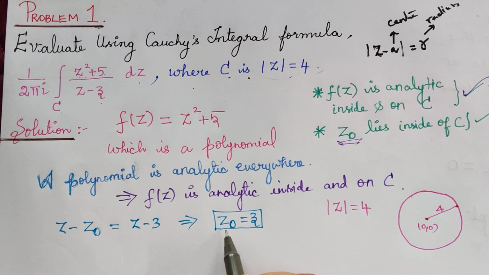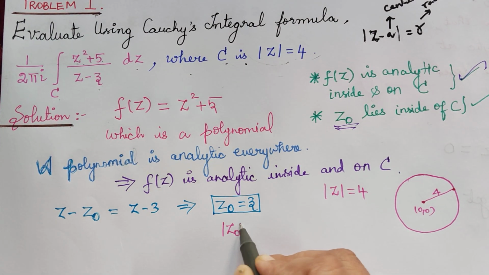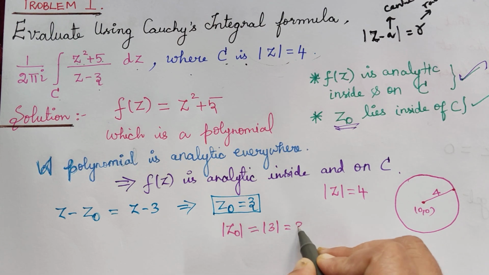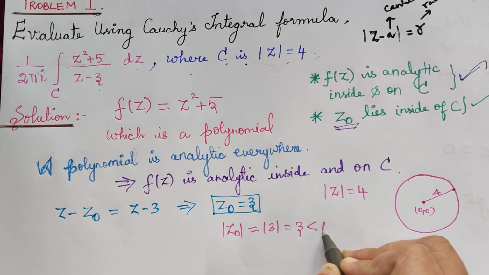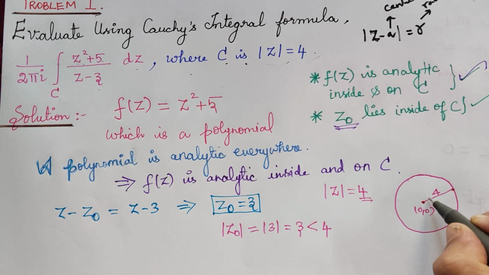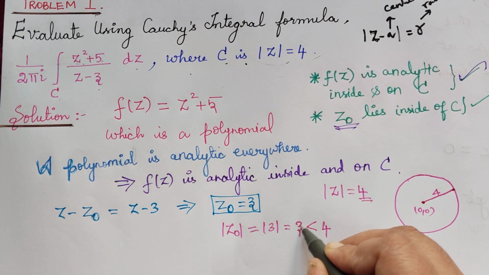Now we have z naught equal to 3 here. What is modulus of z naught? It will be equal to modulus of 3, which is 3 only, and this 3 is lesser than 4. Since it is lesser than 4, it will lie within the circle, because the radius is 4 and modulus of z naught is 3.